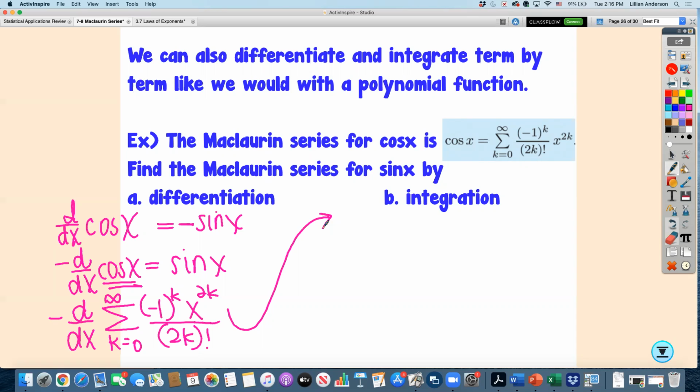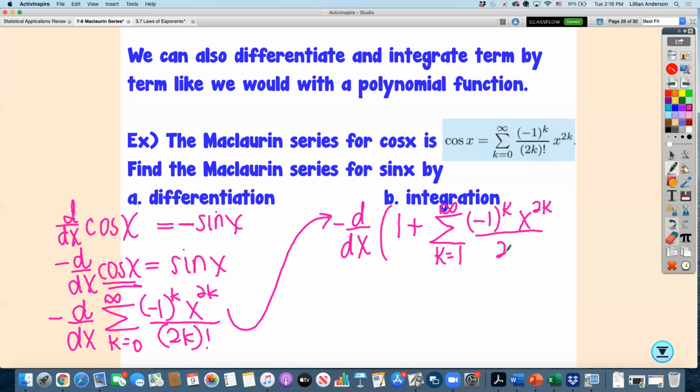So what we can actually do is rewrite this a tad bit by pulling out that very first term, which I get by plugging in 0 for k, and then rewriting the rest of the terms from 1 to infinity of my series.